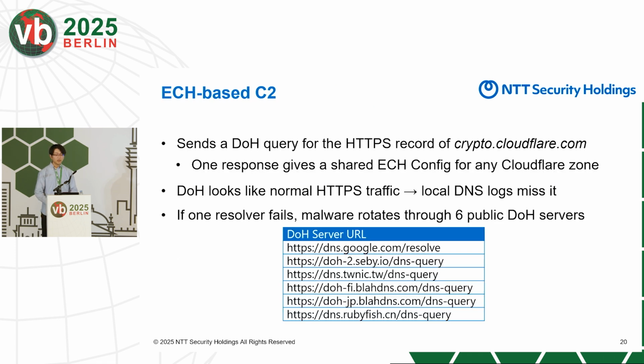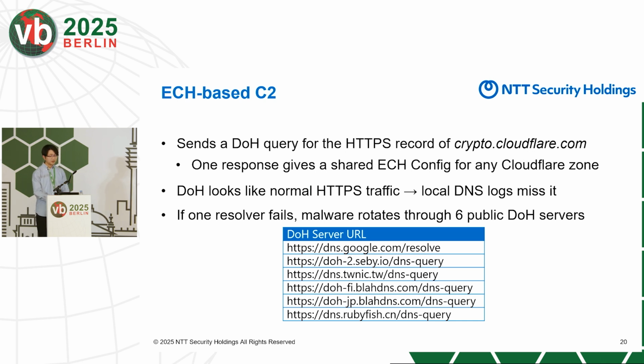Now that we understand the ECH handshake in theory, let us see how ECHidna gets the information it needs to start that tunnel. Before it can open the ECH tunnel, the malware first needs an ECH config. It sends a DoH query for the HTTPS record of crypt.cloudflare.com, and this looks strange at first.